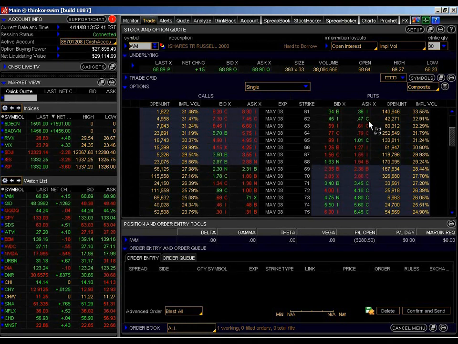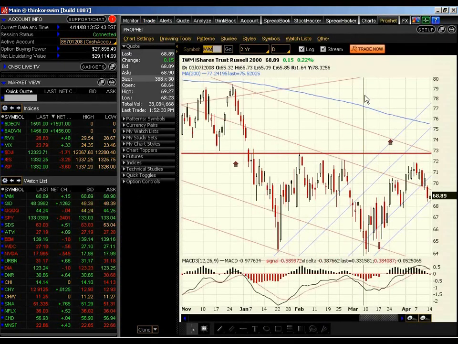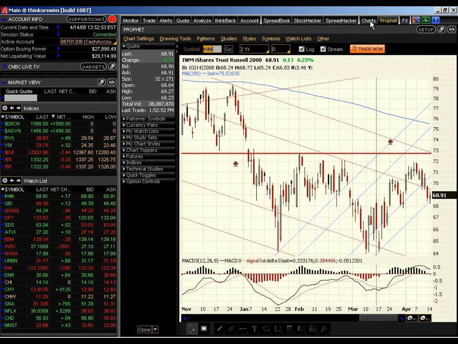So what we want to do is take a quick look at the graph of the IWM. On the TOS platform, it's pretty easy. I tend to use the profit charts.